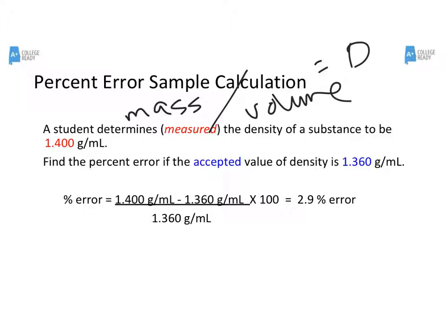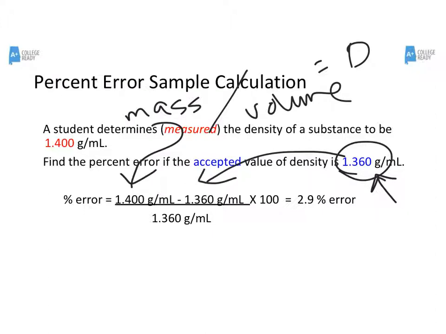Find the percent error if the accepted value of the density is 1.360. This is the value you'd find in a reference chart. So you take your experimental or measured value, put it here, you compare it, get the difference between your measured value and the accepted value, and then divide it by the accepted value again.